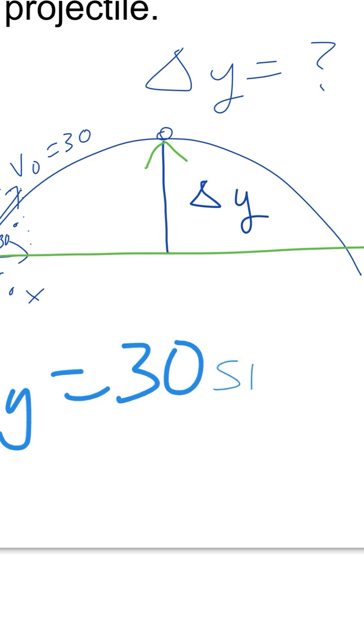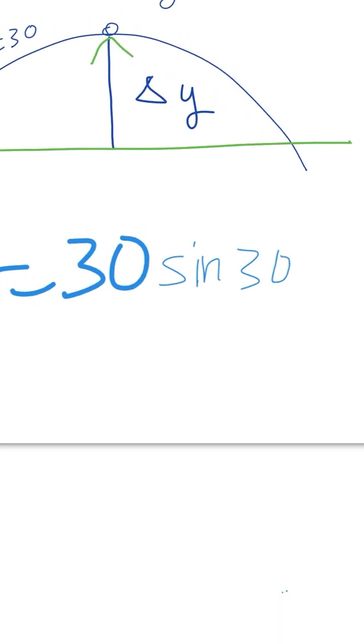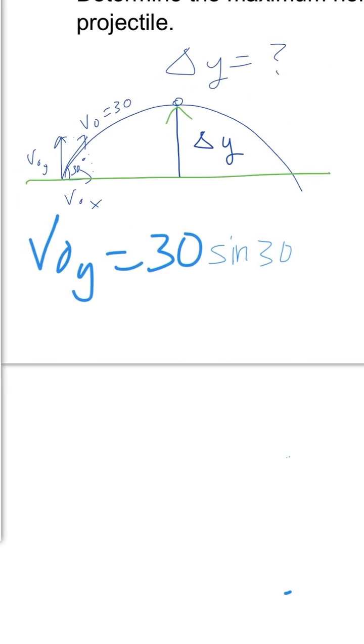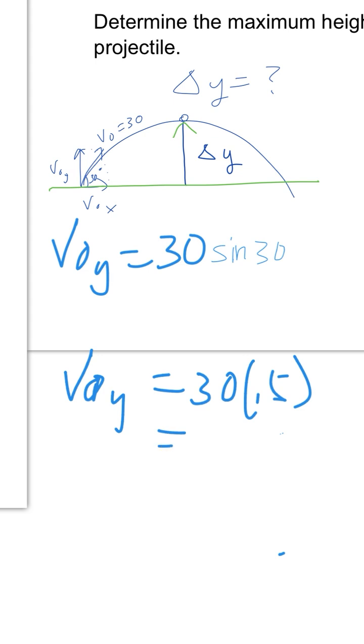That's the launch angle. I know the sine of 30 is 0.5. So VOY is equal to 30 times 0.5. That would be 15 meters per second upwards.